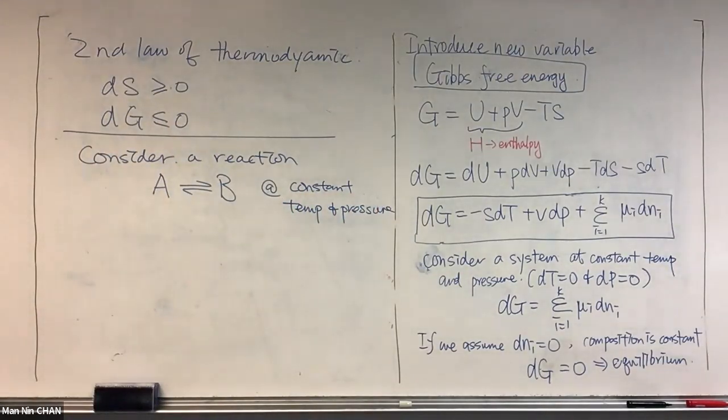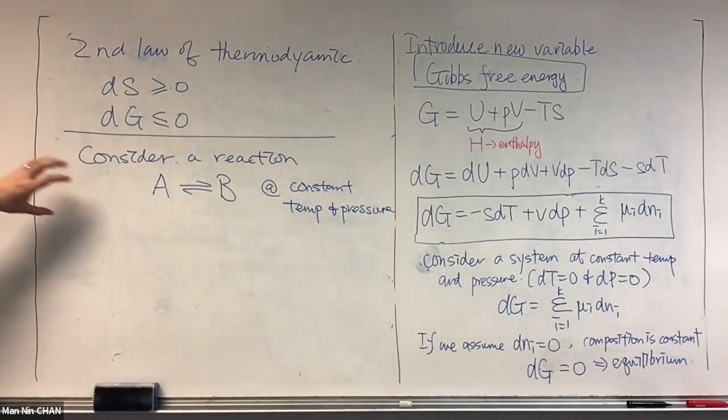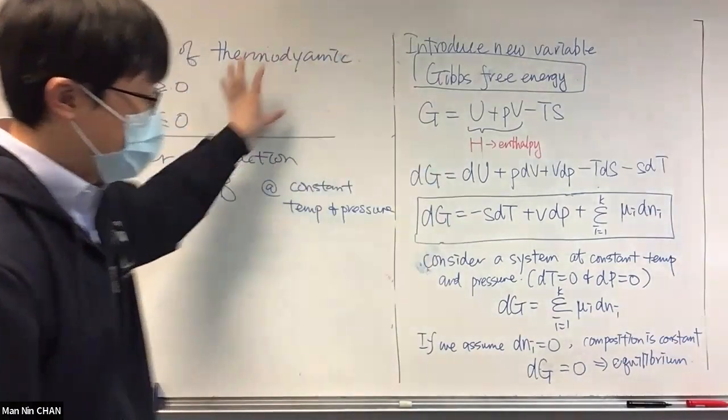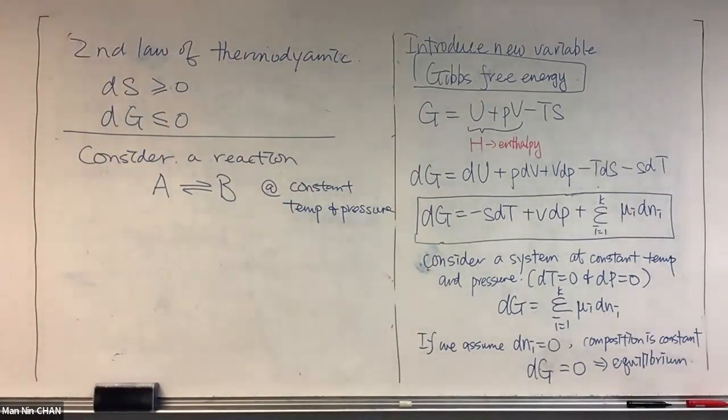Now we just look at this and see how you can apply the concept. For example, when your change in Gibbs energy equals 0, we have reached an equilibrium, so we just apply this.